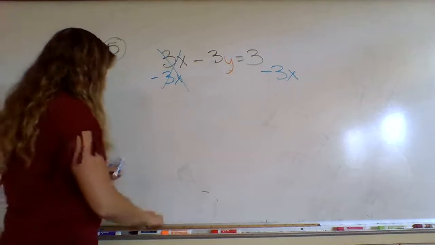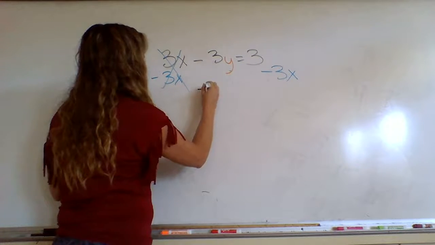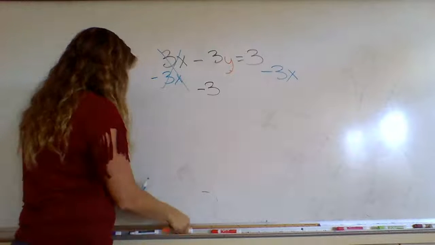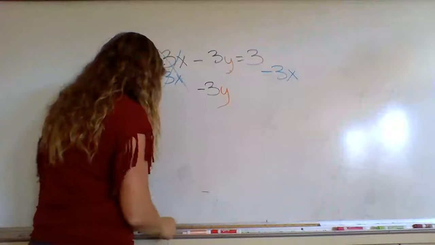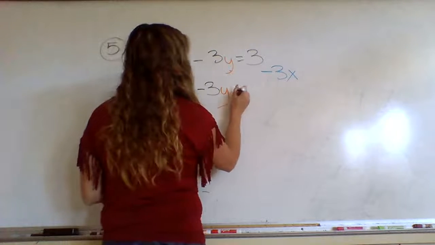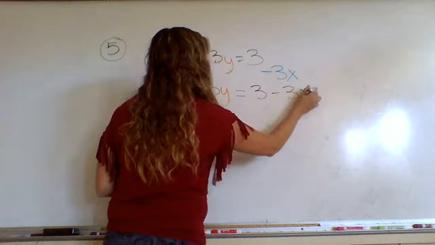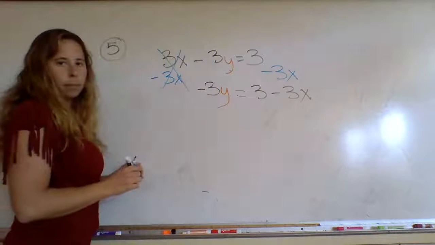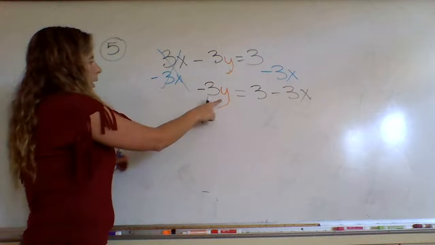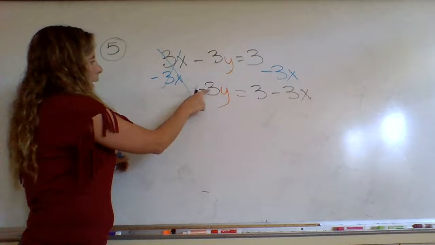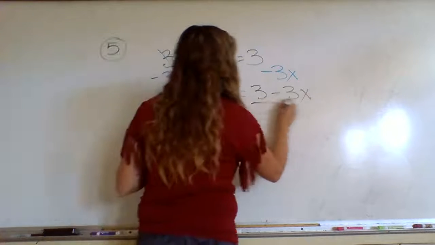So on this side, you are left with, don't forget about your negative, negative 3y equals 3 minus 3x. Okay? You're not done. You need to divide by this negative 3. So divide everything by negative 3.